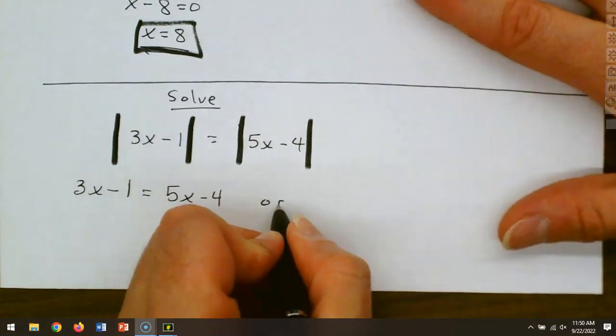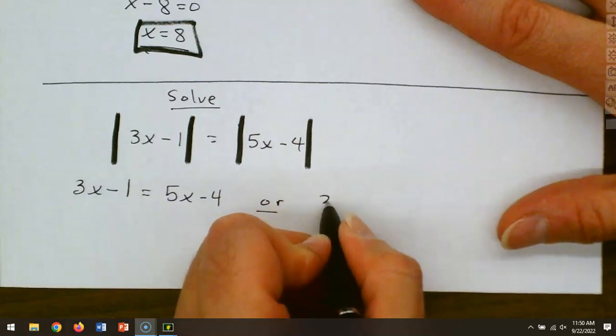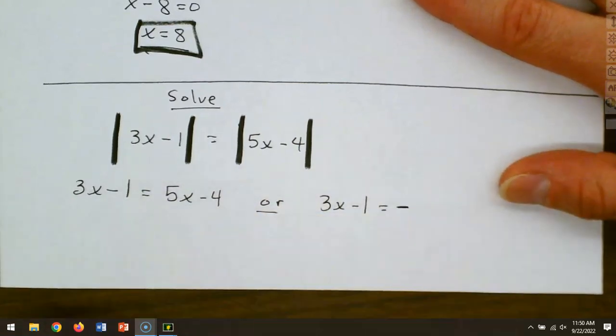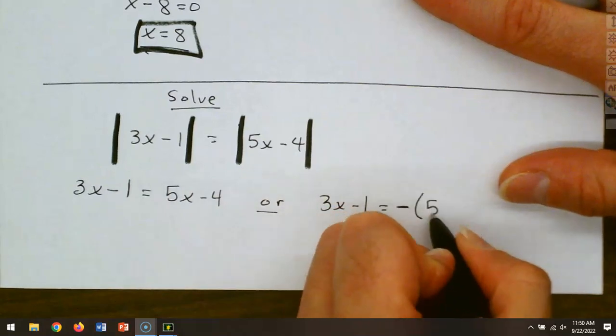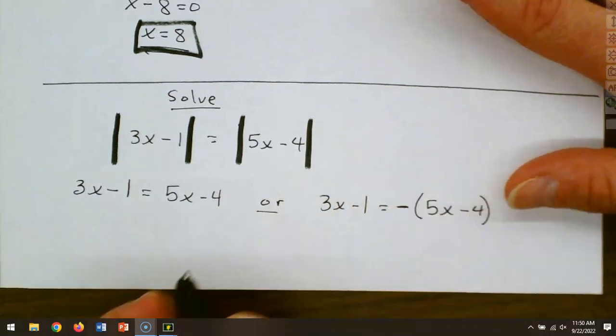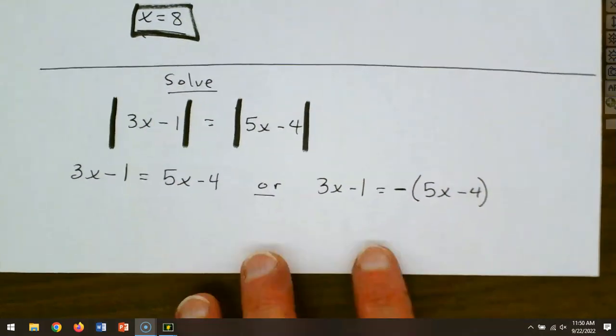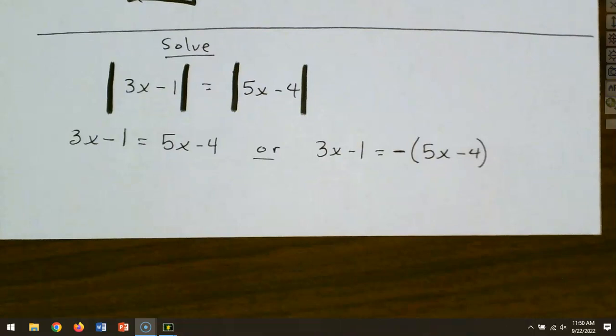But the other one is going to be 3x minus 1 equals, I'm going to put a negative, and I'm going to use parentheses, 5x minus 4. I'm using parentheses because that negative has to be distributed through, and it has to change the signs. So let's go ahead and work these out.